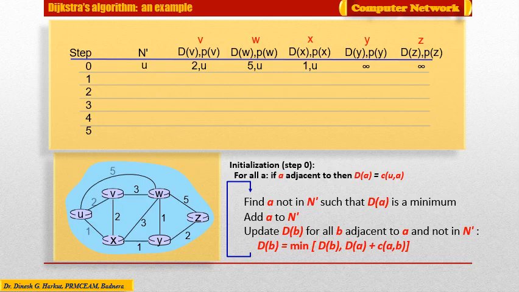Among all these costs 2, 5, 1, the least cost is 1. Hence, the next node which will be added to the N dash set will be node X, since it has the least cost among all these values 2, 5, and 1. Hence, we will add the next element X to our subset N dash.